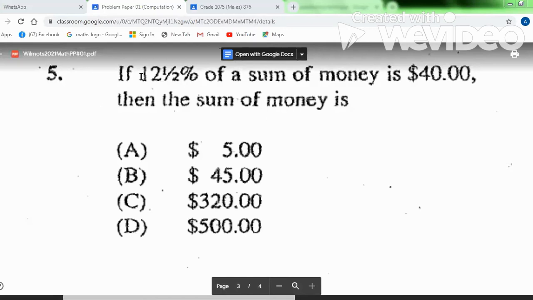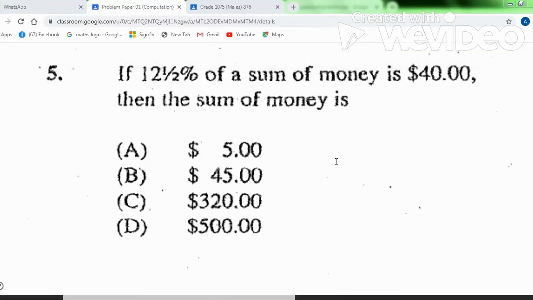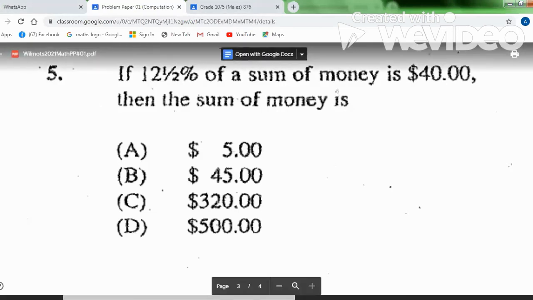So if you find 12.5% of 40, that's going to be wrong. As a matter of fact, the man is smart. The man put the wrong answer first. If you find 12.5% of 40, the answer is 5. So the wrong answer is the right answer.